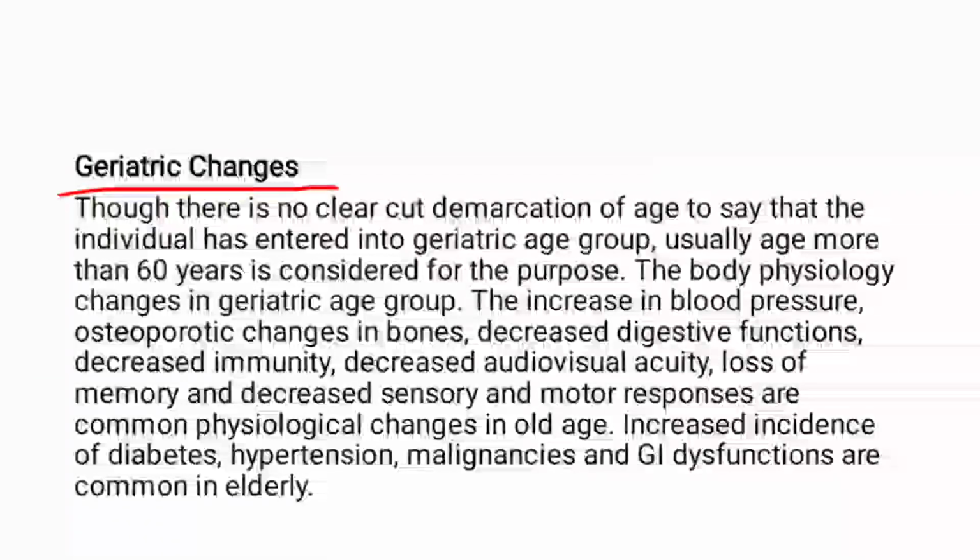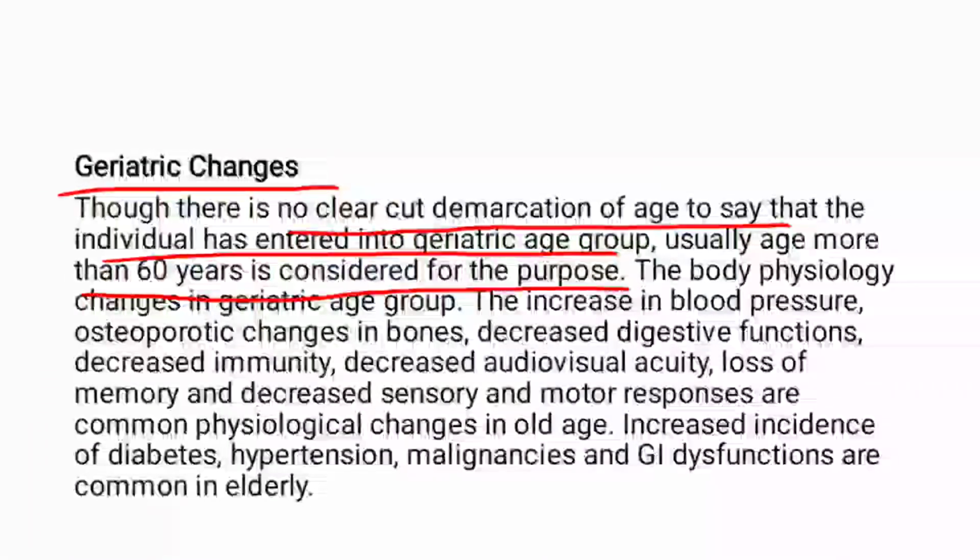Some of the geriatric changes that occur during the aging process. Though there is no clear-cut demarcation of age to say that an individual has entered the geriatric age group, usually age more than 60 years is considered for this purpose. The body physiology changes in the geriatric age group.